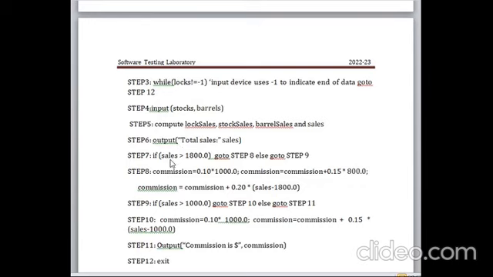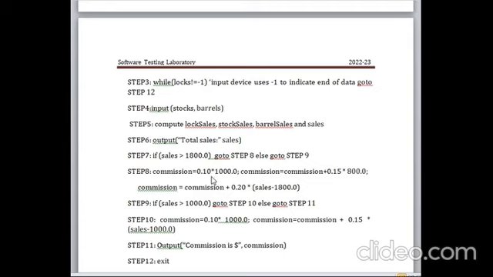In step 7 we calculate the commission. If the sales is greater than 1800, it goes to step 8, where the commission equals 0.10 into 1000. With the excess over 1800, we calculate the 20% commission, but before that we calculate the 10% commission including the first 1000 rupees.